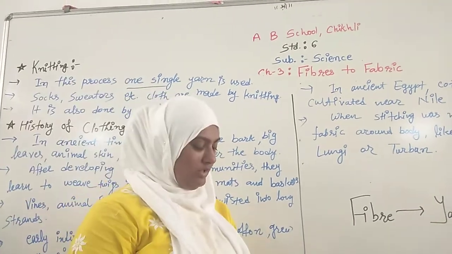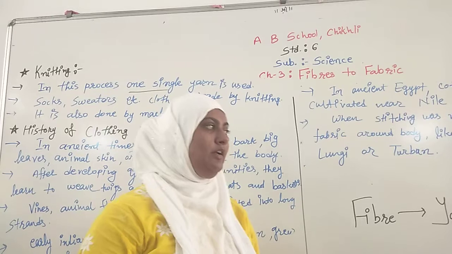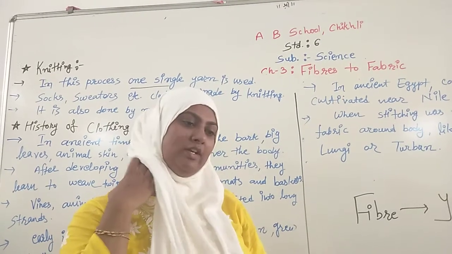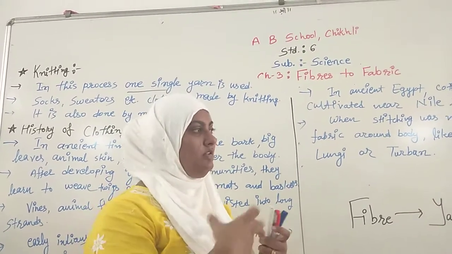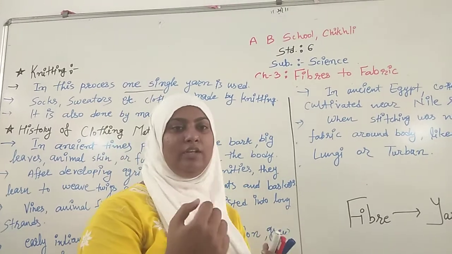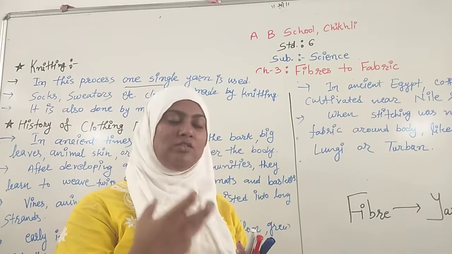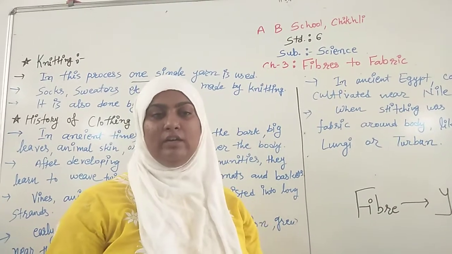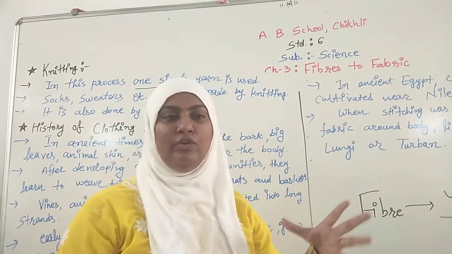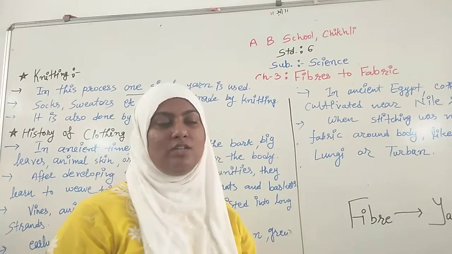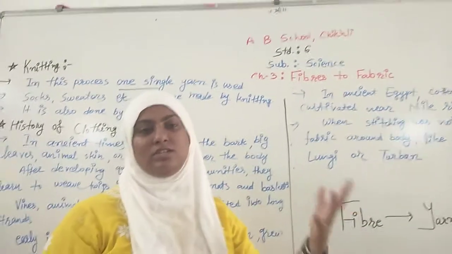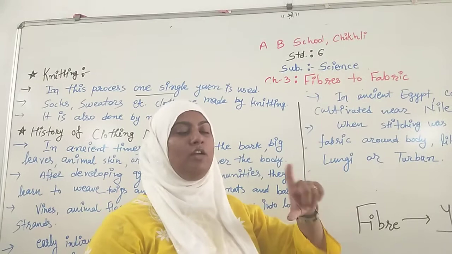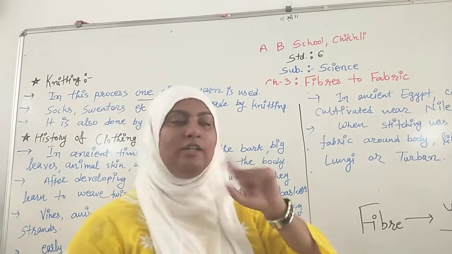If you have noticed, sometimes if we pull out one yarn or thread from our socks or sweater, it will become fully open. Why? Because the sweater or socks is made out of only a single yarn.